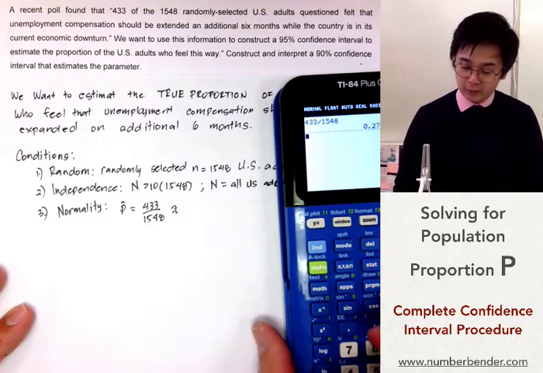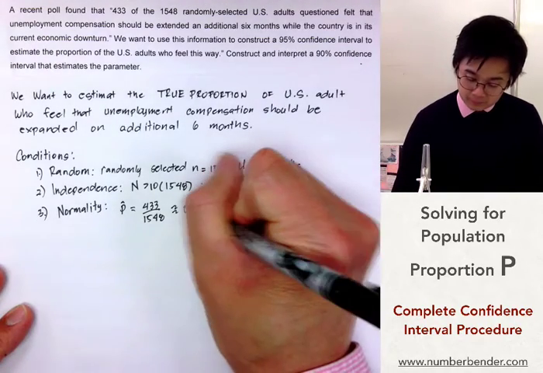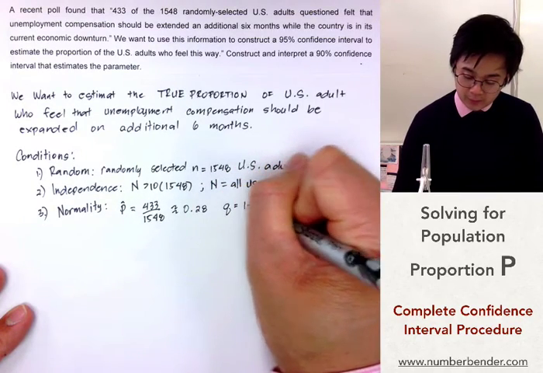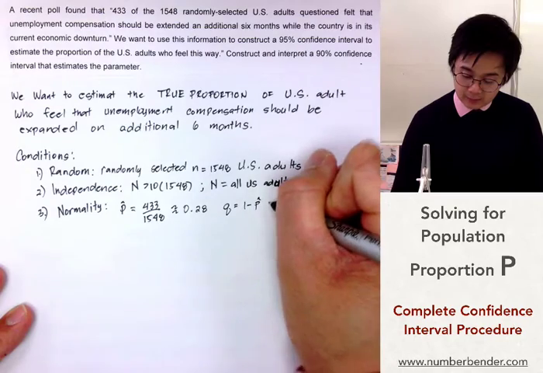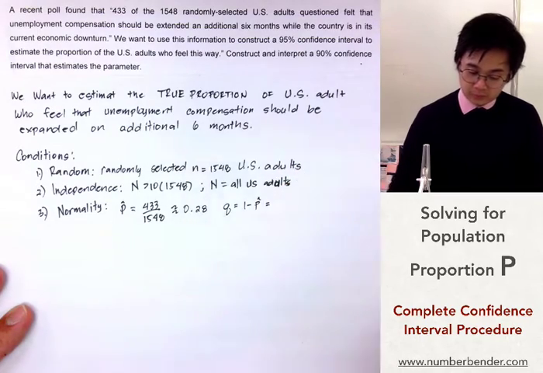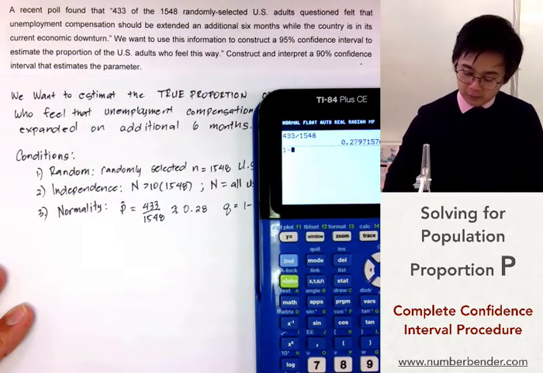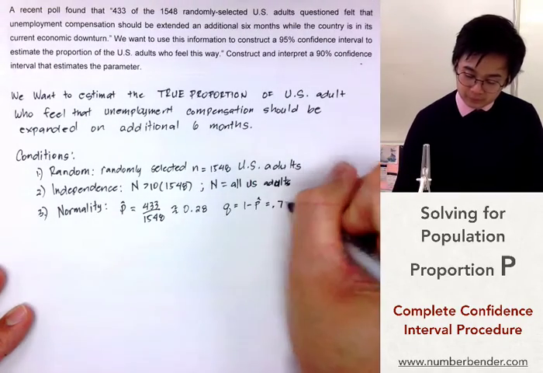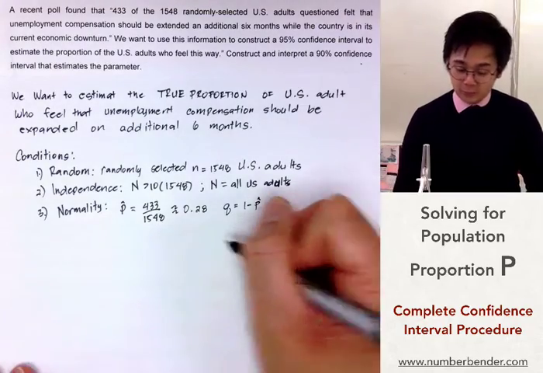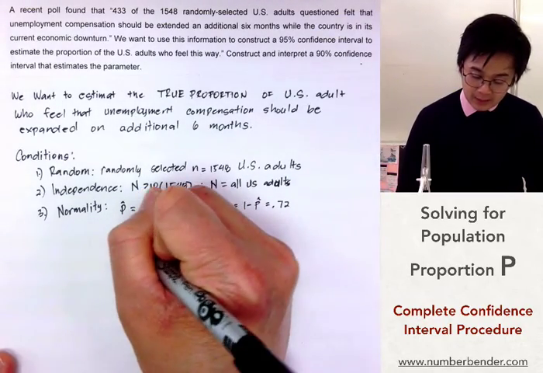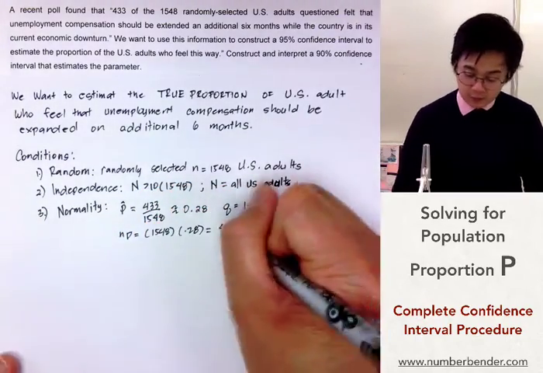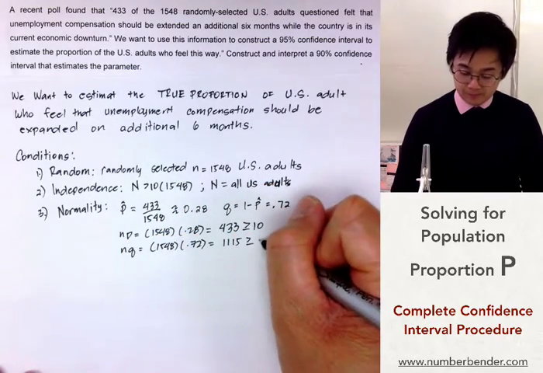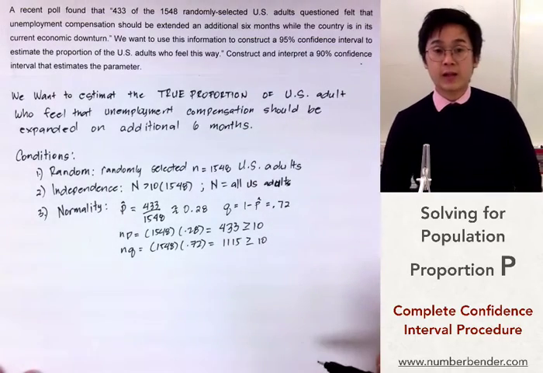So let's put 0.28, with q equal to 1 minus p hat, so 1 minus 0.28 is 0.72. So now that we have p and q, we know that np and nq are both at least 10. So all three conditions are now satisfied.